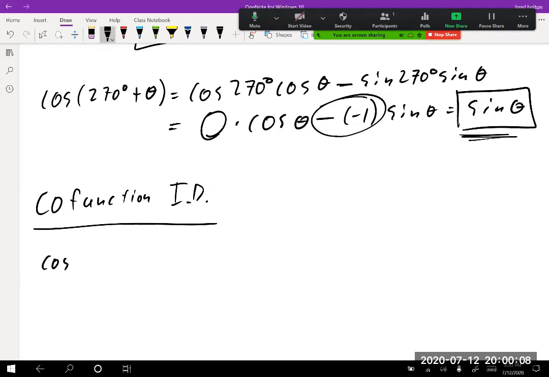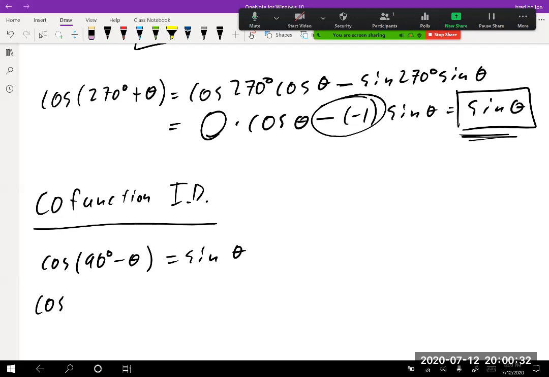This is just information. Cosine of 90 degrees minus theta is equal to sine of theta. So if you take the cosine of 90 degrees minus some angle, you could take the sine of that angle and it would be the same thing. So the reason for that is you guys know that this is actually cosine. So we could, I guess, establish this identity.